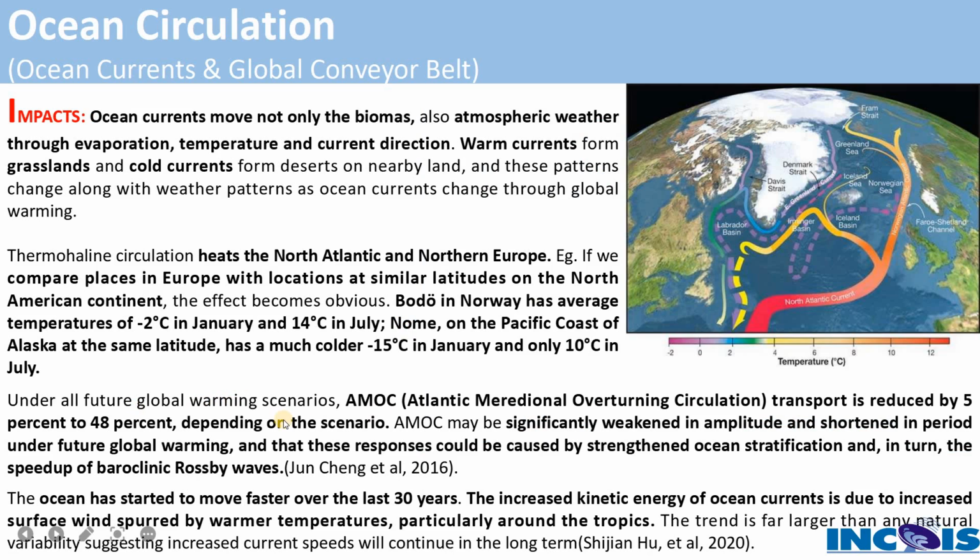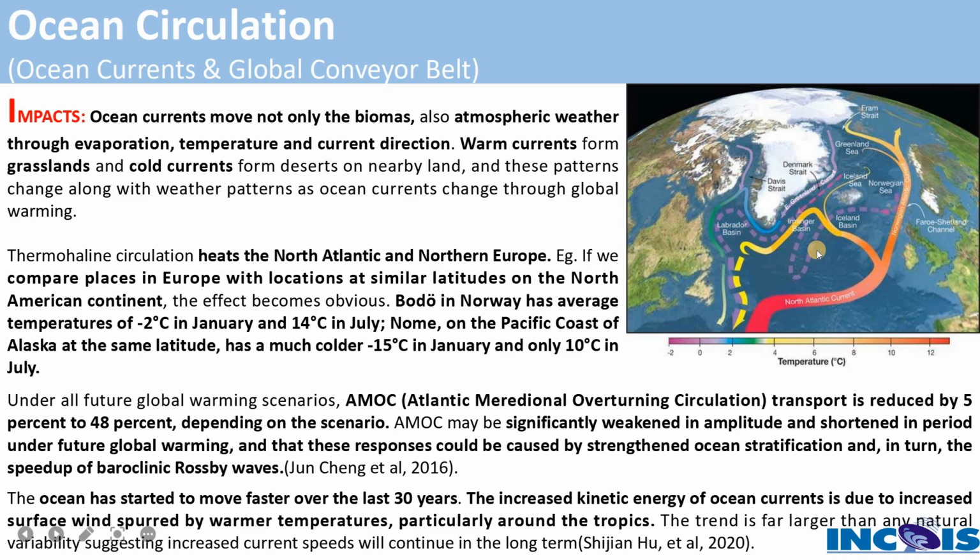And some of the studies are saying, regarding the Atlantic meridional overturning circulation, since it is moving in the Atlantic Ocean in a meridional manner, and overturning means it reaches the North Atlantic as a surface current, sinks down, and again returns to the equator as a bottom branch.